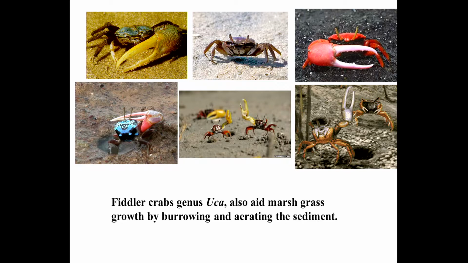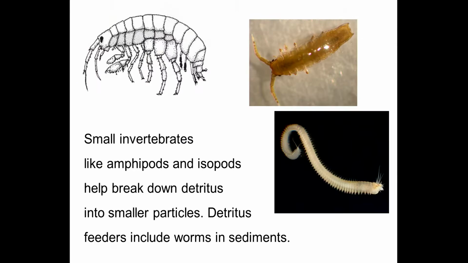This is the sand fiddler, Uca pugilator, and here is Uca pugnax, the mud fiddler, our two most common species here in Long Island. And these also are beneficial to the marsh grass by digging burrows and aerating the sediment. So their burrows are a way of getting oxygen down closer to the roots of the marsh grasses.